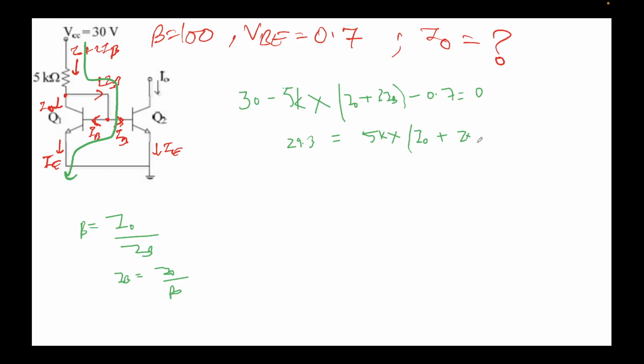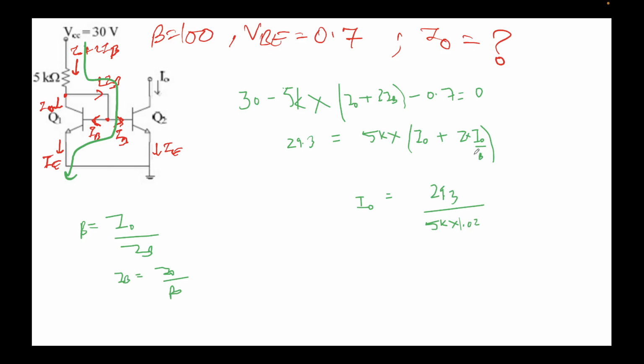So this is 2IB, so twice of this will be I naught upon beta. So from this I can get I naught is equal to 29.3 divided by 5K times 1.02, because the value of beta is 100, 2 upon 100 is 0.02, and if you add it with 1, it will come out to be the value which I have written here.